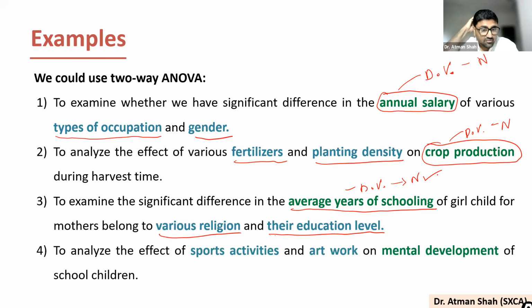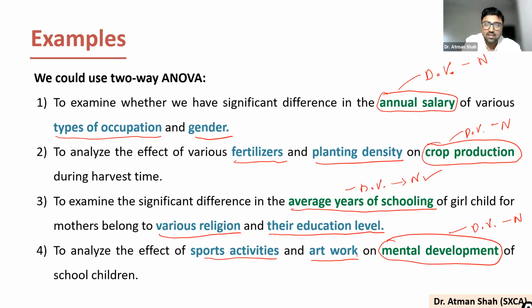Fourth, analyze the effect of sports activities and artwork on mental development of school children. So mental development is our dependent variable. We can have a score which must be normally distributed. And then we have sports activities and artwork.